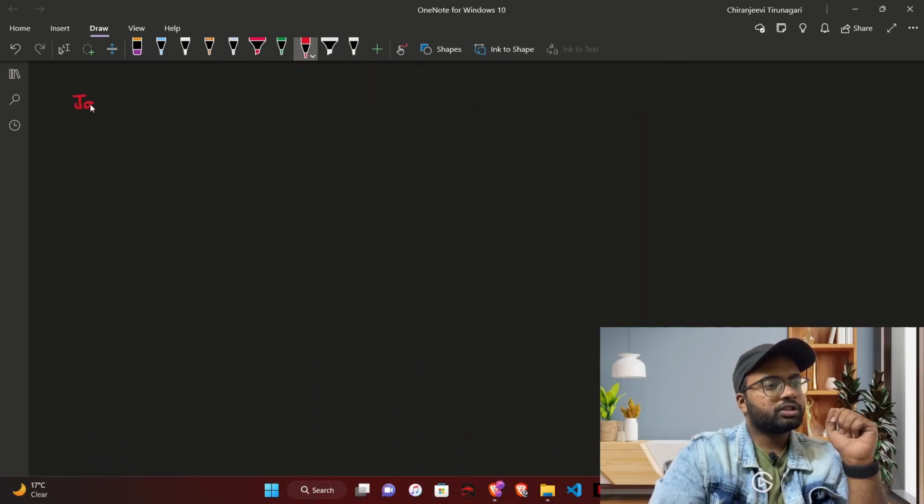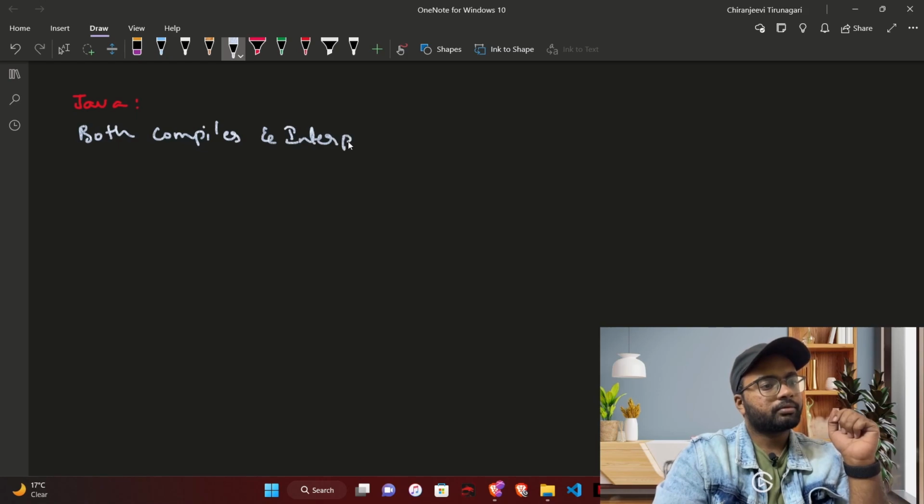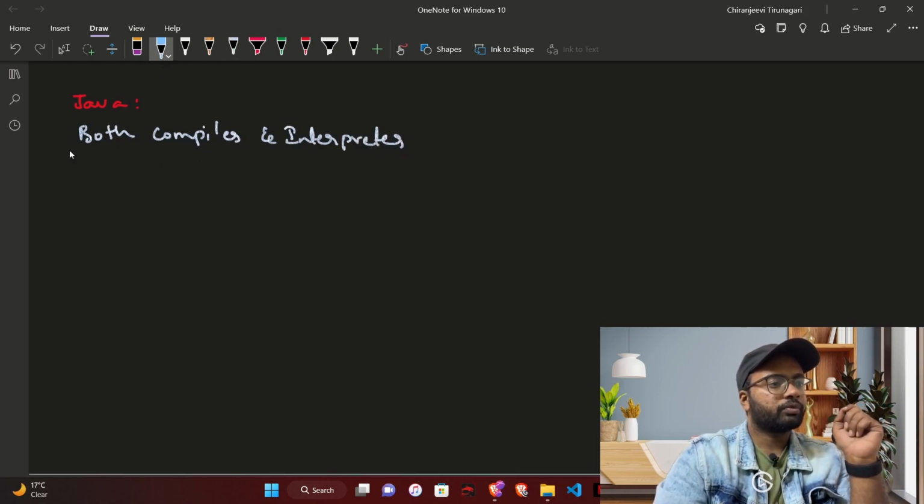When it comes to Java, Java uses both a compiler and an interpreter. Yes, it uses both. Let's see how. There is this Java code that you have written.